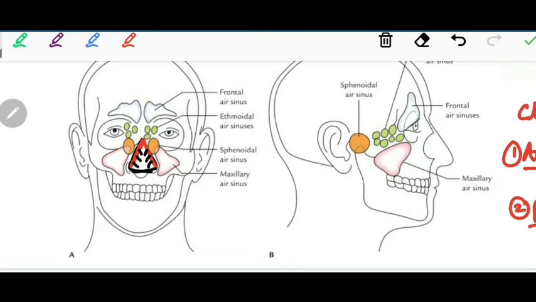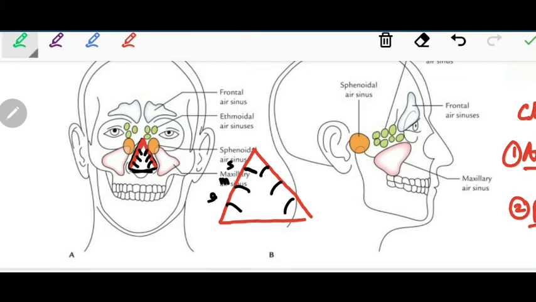If I draw the lateral walls in an enlarged view, we can see the outline of the nasal cavity like this, where the conchae, the superior, middle and inferior, are coming out from above downwards from the lateral wall. Underneath each concha there is a space.